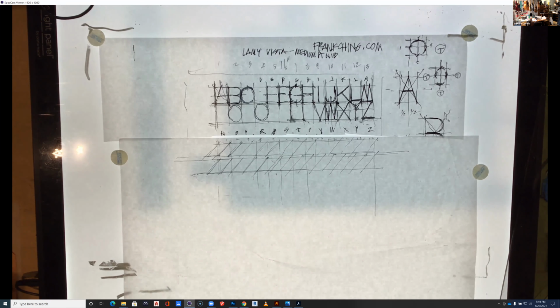So now I'm improvising a little bit. I'm trusting the marks I already made on the page, and I'm responding to those marks. And when you're creating a work of art like that, it's okay to do that.